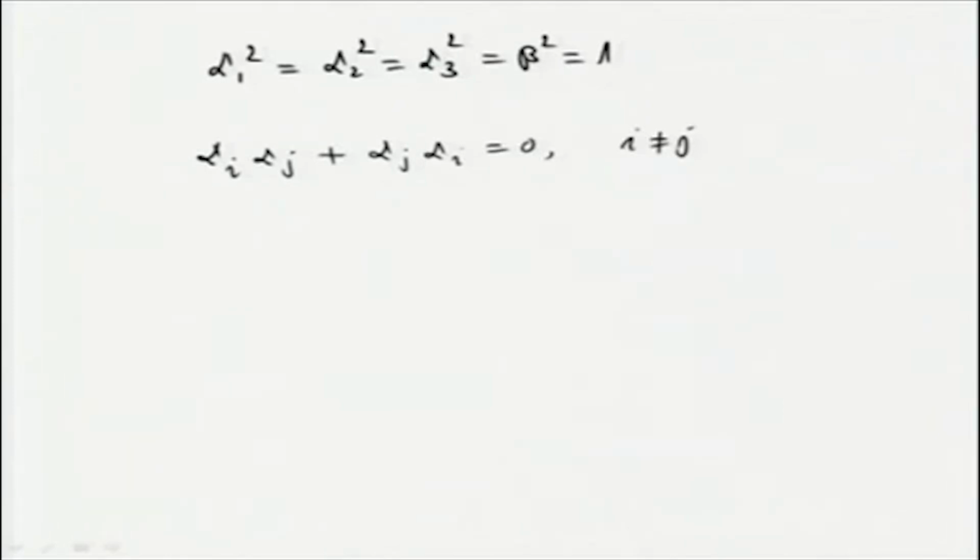I equal to 1, j equal to 2, it is alpha 1 alpha 2 plus alpha 2 alpha 1, which is equal to 0. And similarly, you have alpha i beta plus beta alpha i equal to 0 for all i equal to 1, 2, 3.